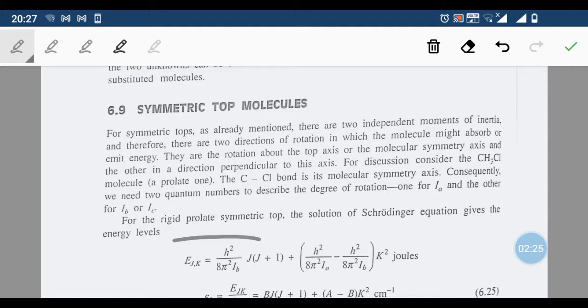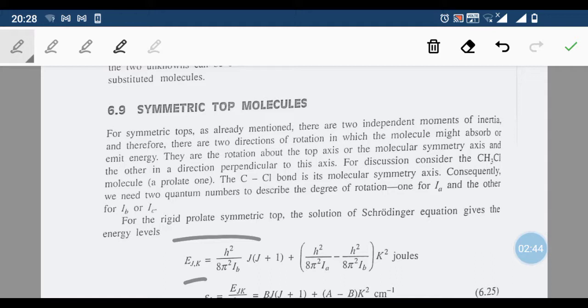In that case the rotational energy levels are represented by EJK, where J stands for the rotational quantum number and K stands for the projection of the total angular momentum upon the molecular symmetry axis.